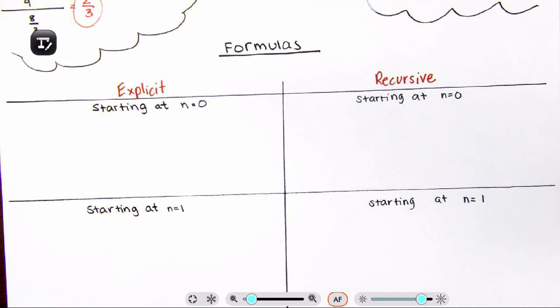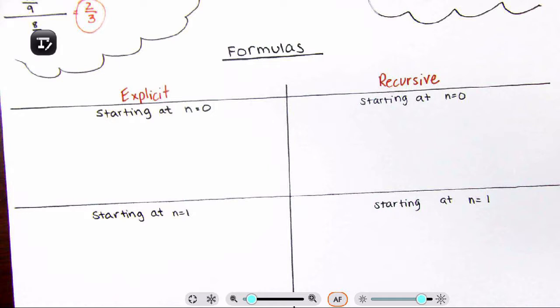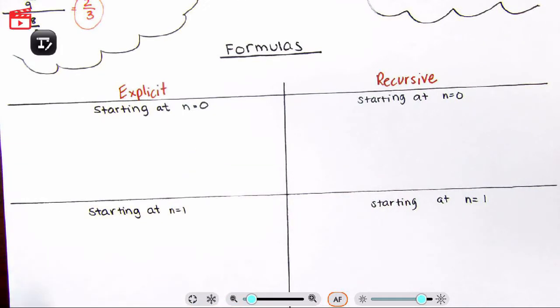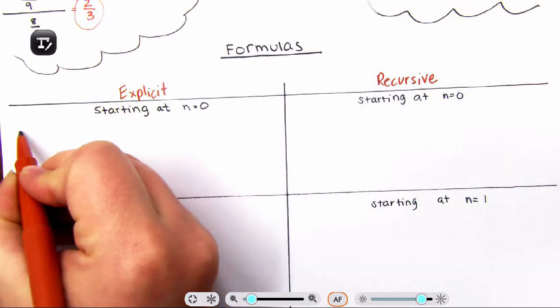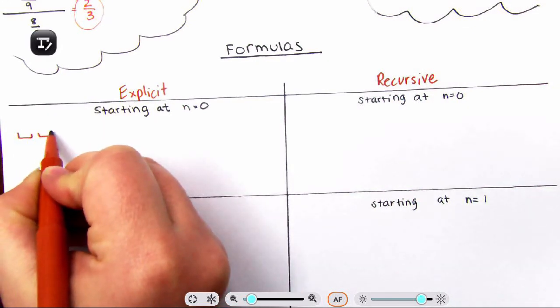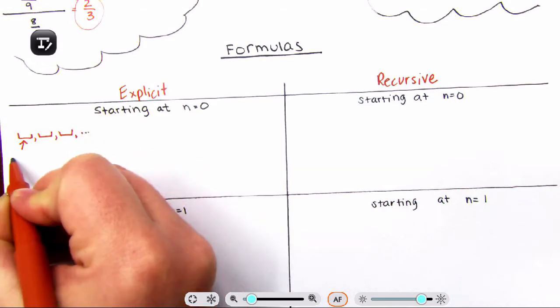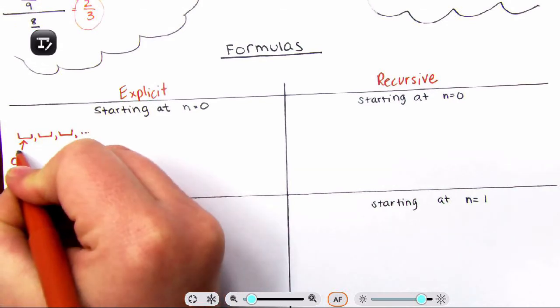All right, let's go ahead and start with the explicit rule for the geometric sequence. Now this one's starting at 0, so that means the position number starts at 0. So when we have a sequence, the first number that you see is going to be in the 0th position.